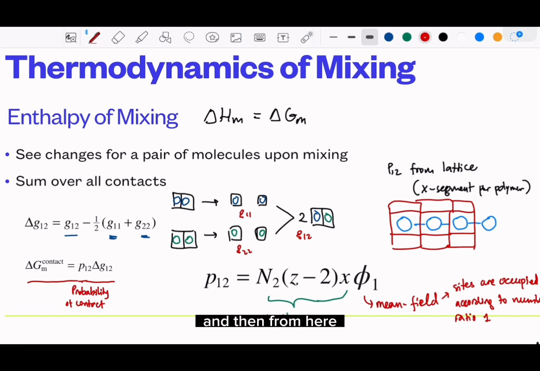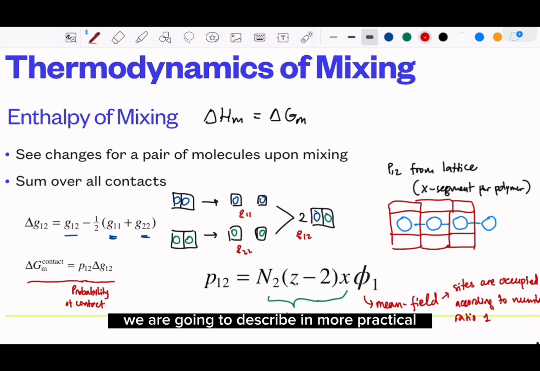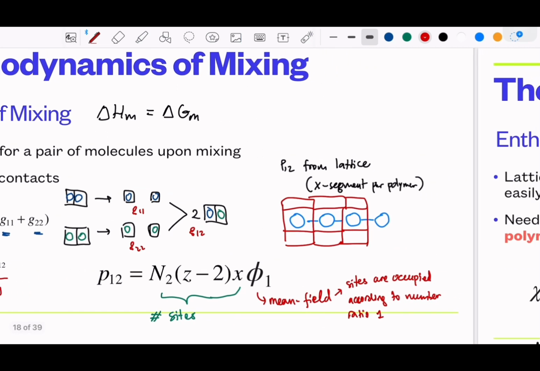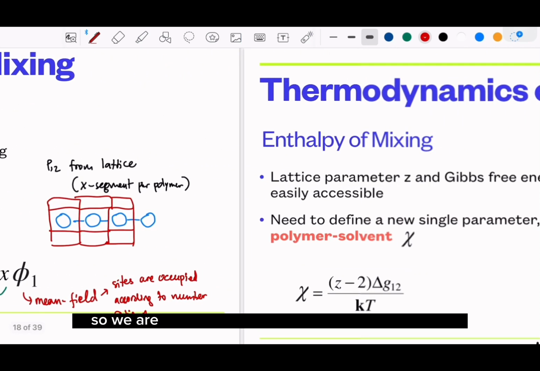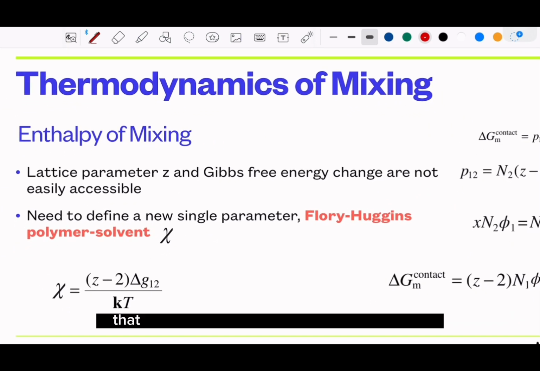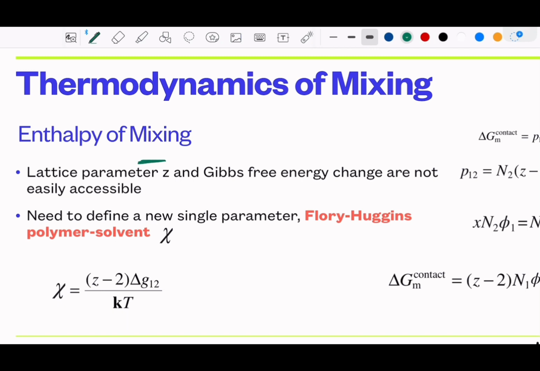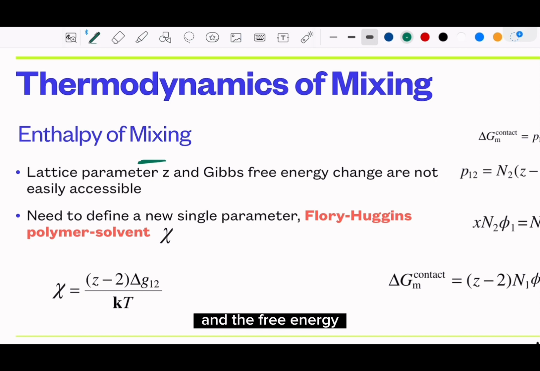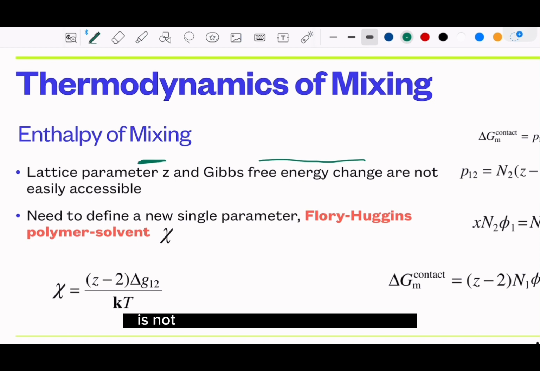And then from here, we are going to describe in a more practical way that we mentioned that the lattice parameter Z, the possibility the monomers have occupied, and the free energy is not really practical or not accessible.